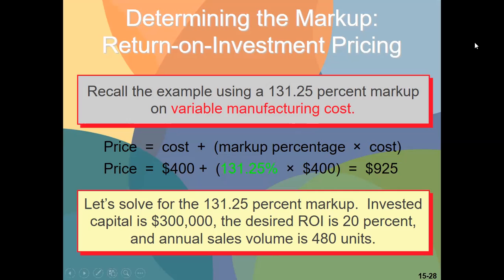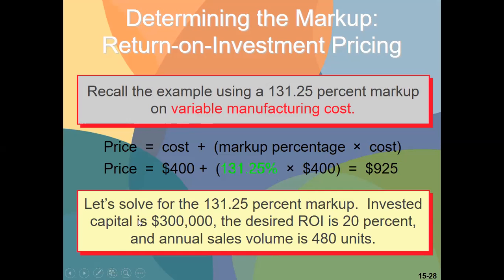We also have to recall, guys, that the price, whatever the basis is, would be equal to $925. It's a matter of how much is the basis for the cost and how much is the markup and the markup percentage. That's why a lot of authors say that to compute the price, it would be the cost, which is the basis, plus the non-cost basis, plus the markup equals the price. So I hope that is clear.